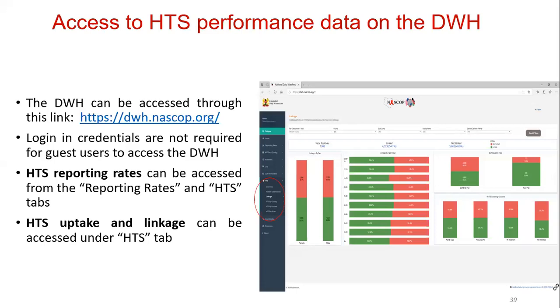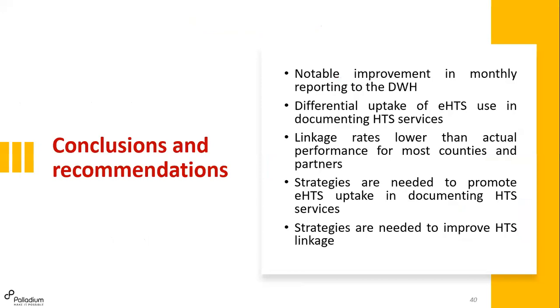So in conclusion, based on those slides, you can see over time there's a bit of improvement in reporting. We can still do more. We have also seen that the volume of uptake of use of the eHTS differs from partner to partner and county to county. We can improve this.